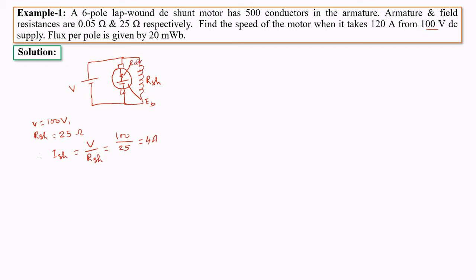This is the total current or the line current, and this is the armature current. As the total current is given as 120 ampere, we can find the armature current IA. It will be equal to IL minus ISH, that is 120 minus 4, and it will be 116 ampere.